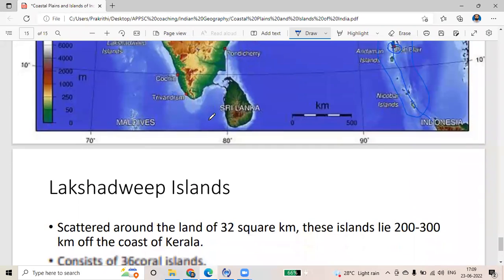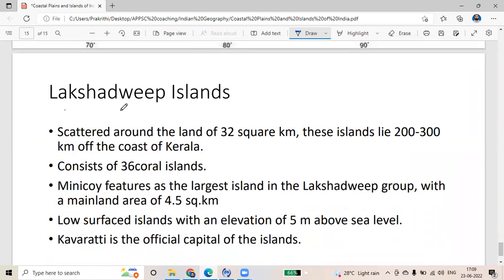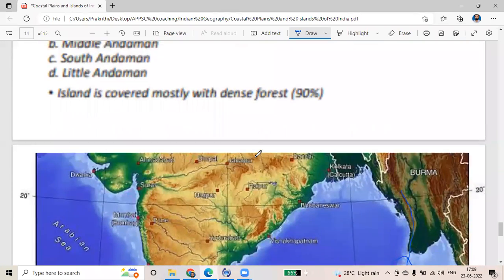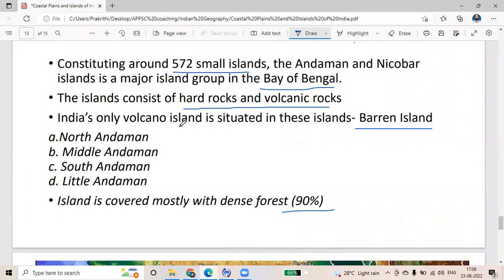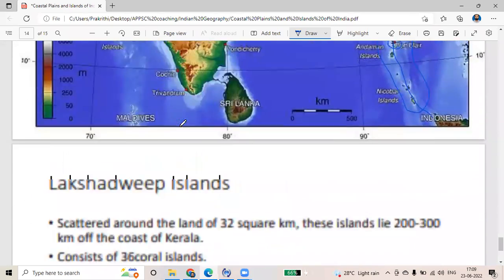After Andaman and Nicobar, we have the Lakshadweep Island in the Arabian Sea, which covers almost 32 square kilometer area. It lies 200 to 300 kilometers away from the Kerala coast, and consists of a group of 36 coral islands. The earlier one, Andaman and Nicobar, consists of 572 small islands, but this is much smaller.